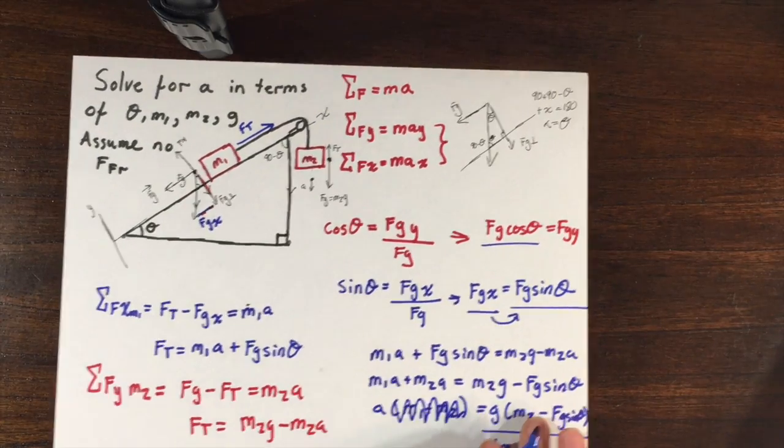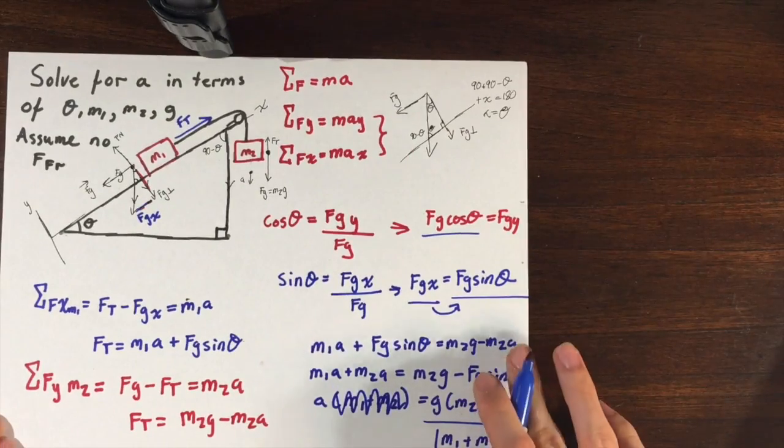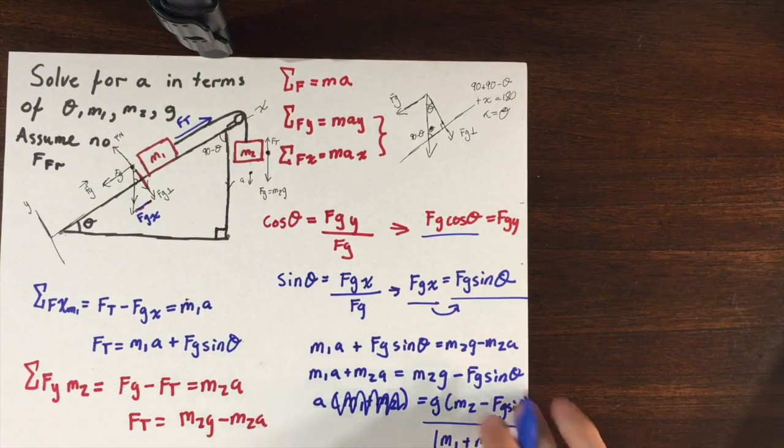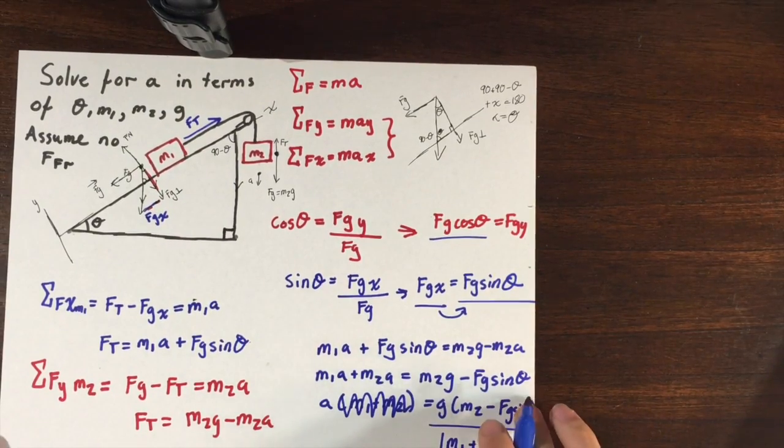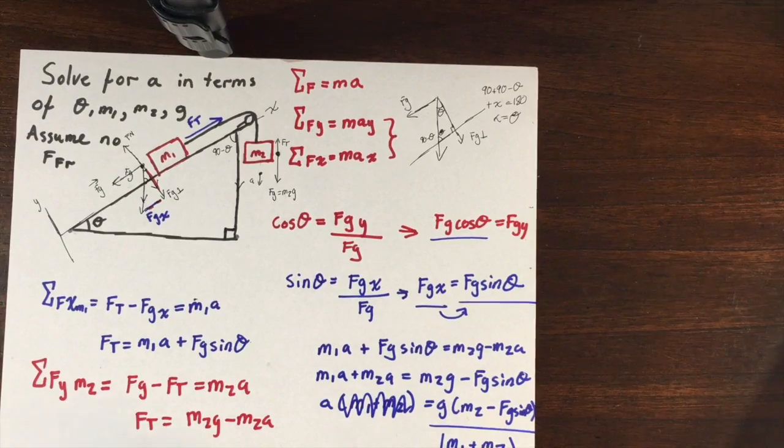And notice that for this problem, as with every single pulley problem that you ever encounter, acceleration is equal to a fraction of g. Since we're subtracting our masses on top and adding our masses on the bottom, whatever answer we get will be a fraction of g.